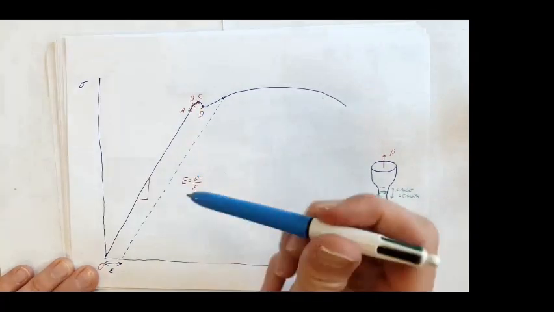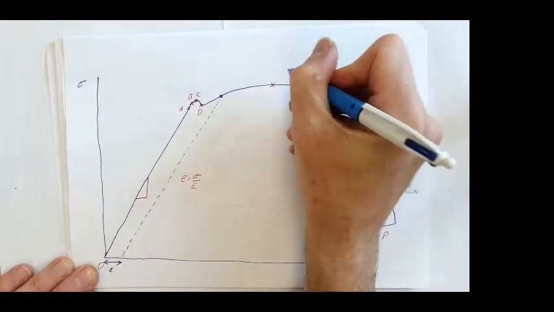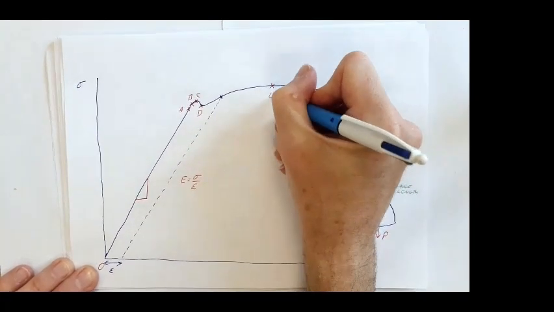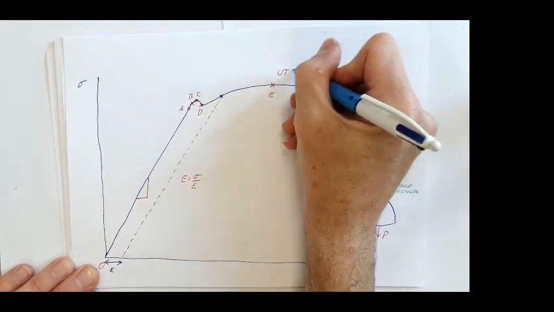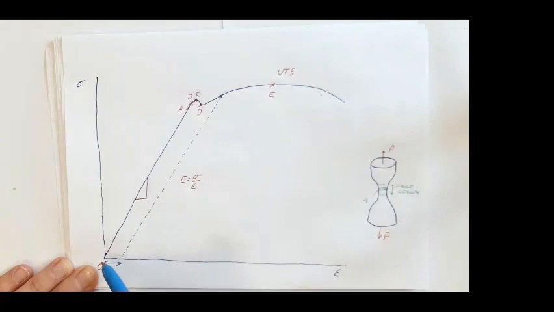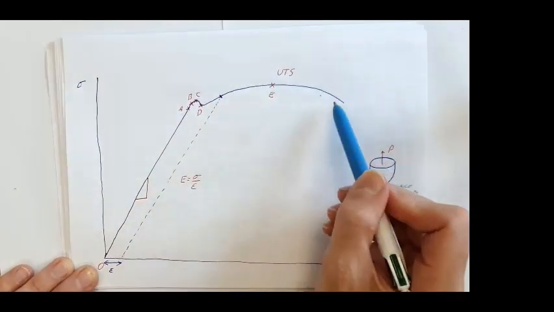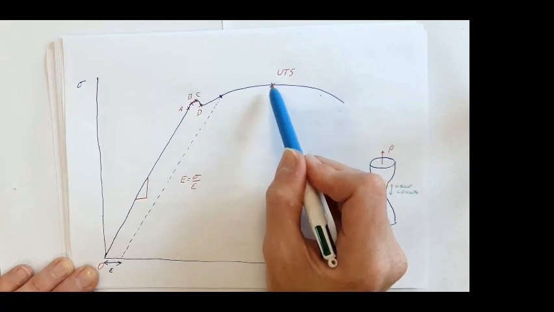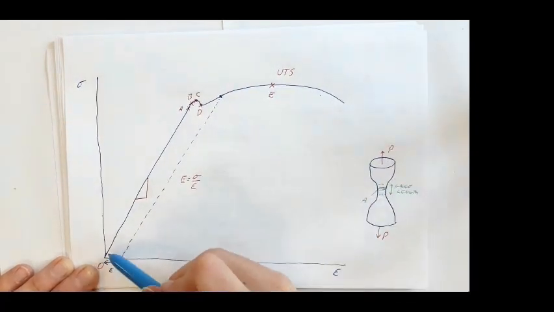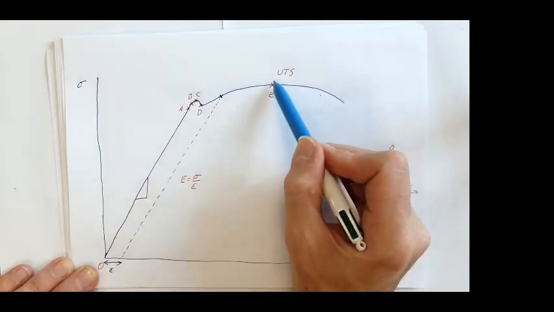Beyond D, we get up to our maximum stress. Let's call this point E, and that's known as our ultimate tensile stress. So we're applying our load, we've gone past our linear region to our non-linear region. Our stress is increasing, and when we get to point E, we're seeing a combination of elastic and plastic deformation.